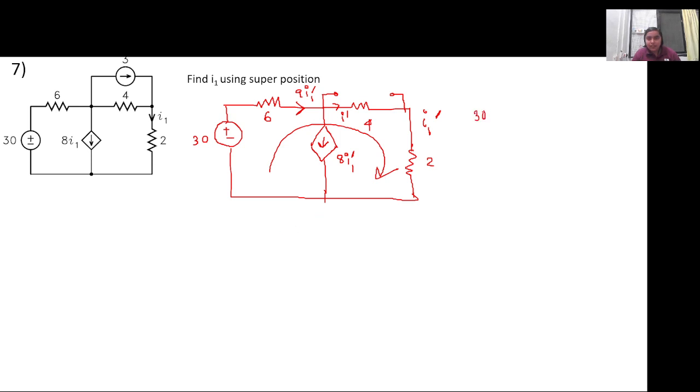So it is 30 minus 54 I1 dash minus 4 I1 dash minus 2 I1 dash will be equal to 0. So 60 I1 dash will be equal to 30. So I1 dash equal to half.